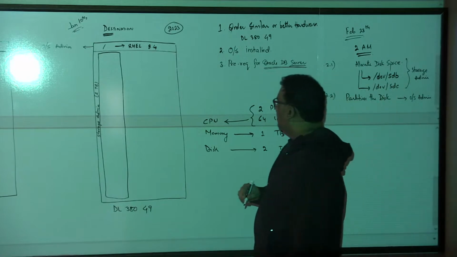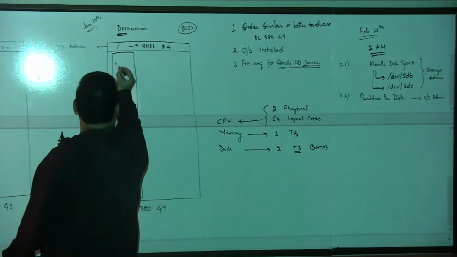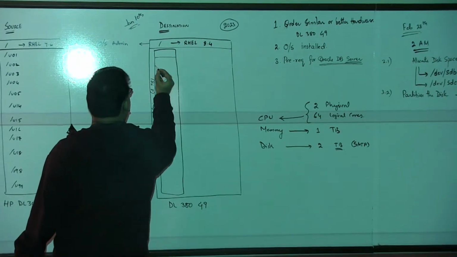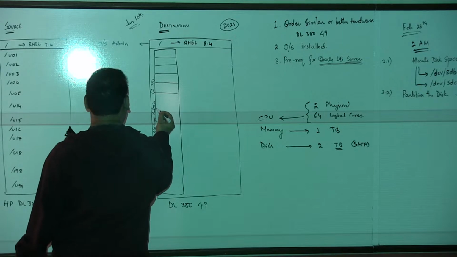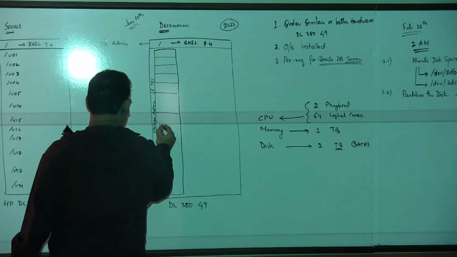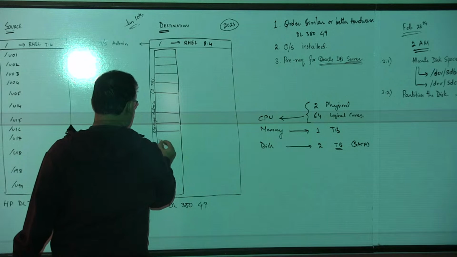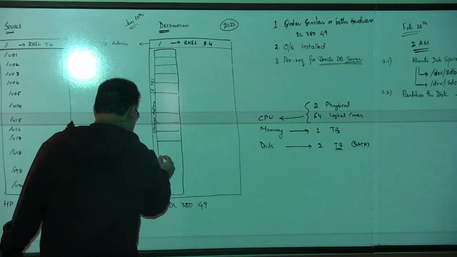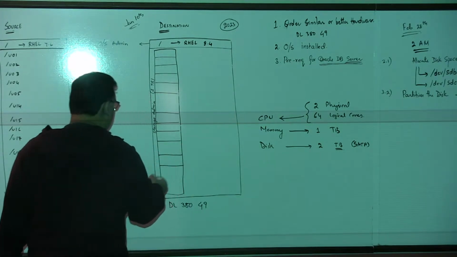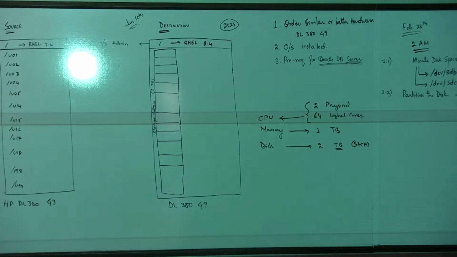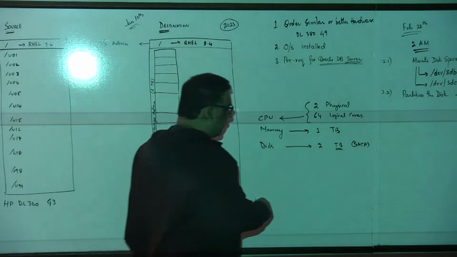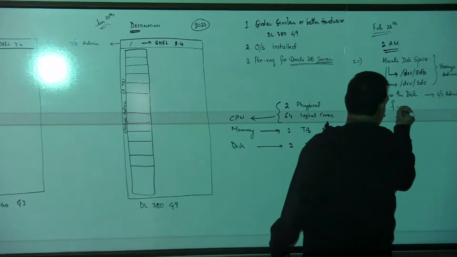This is where they will start allocating. I need one partition for U01, U02, U03, U04, U05, U14, U15, 16, 17, 18, 98, and 99. So now the partitions are created.